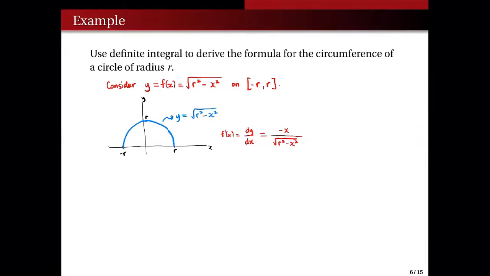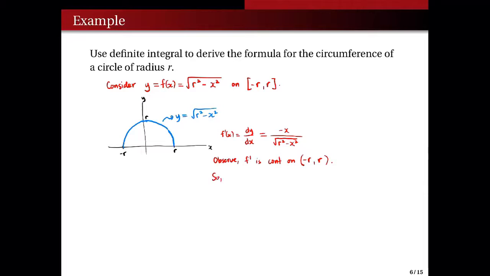And observe that f prime is continuous on the interval negative r to r, open. So this function here is smooth in our definition. So we can find the arc length.